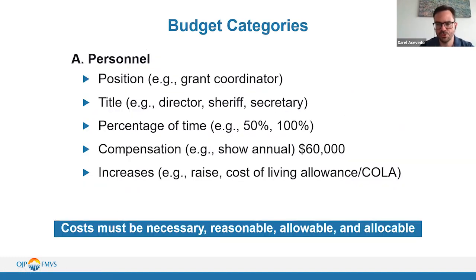All right, so the first category we're going to cover is personnel, okay? And there are sort of 5 characteristics to the personnel category. First are the positions, right? Is this a grant coordinator? Is this a financial manager? Okay. After that, we have the title, which could be director, secretary, sheriff.